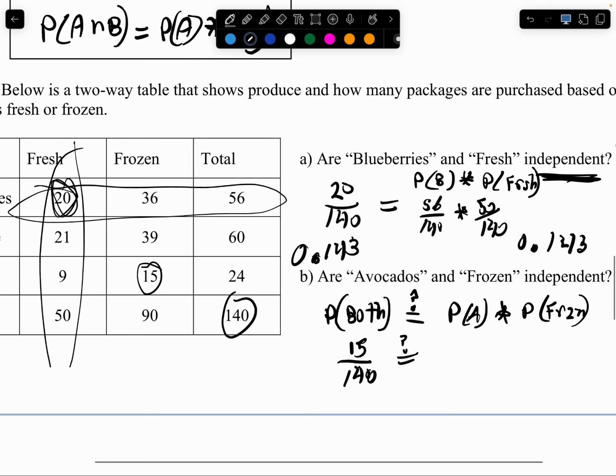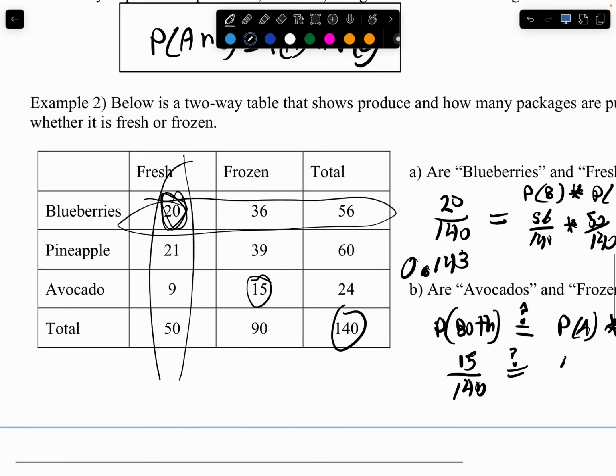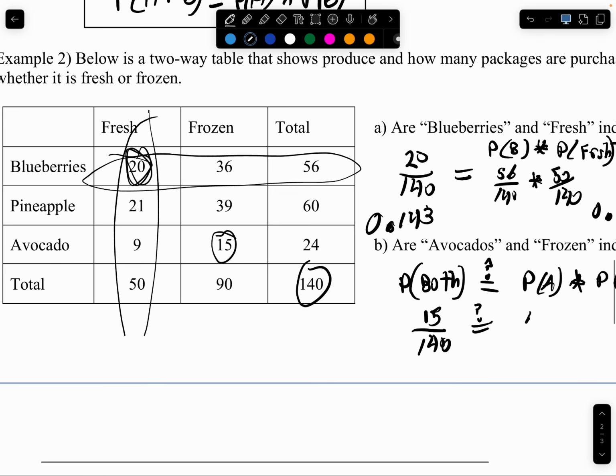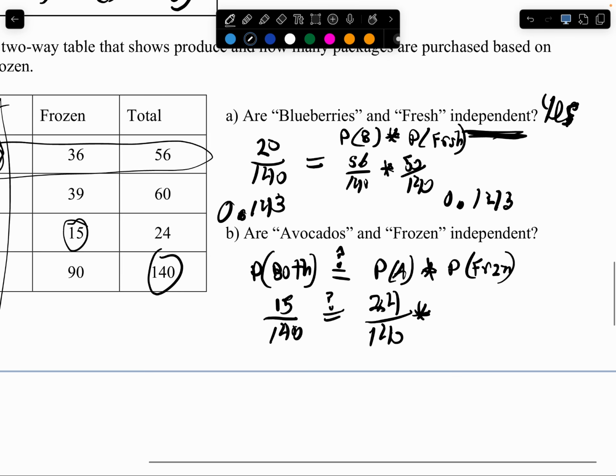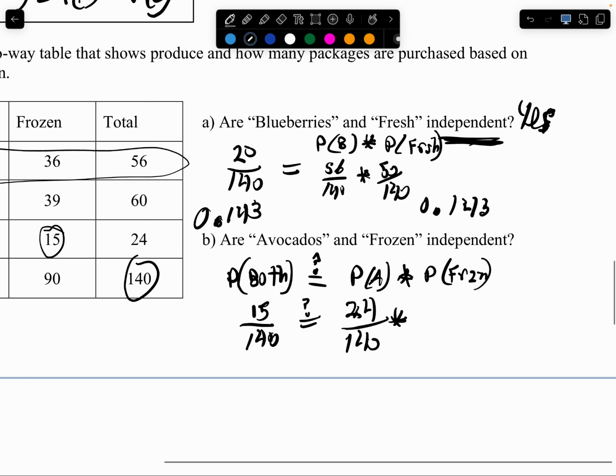Probability of avocado, 9. No, wait a minute. How many avocados are there? 24. 140 times. And frozen is 90 out of 140. Okay, so we need to multiply those together. If you do it right, you should find out that they're pretty close. They won't be so close on the test to mess you up.